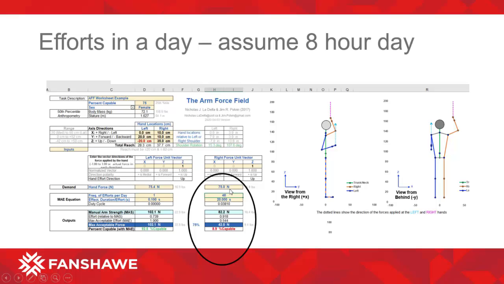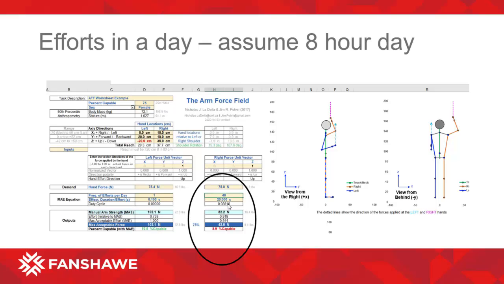Now, if I was doing this and I wanted to compare to the initial, I would use the initial force that I measured, and I would still have my frequency of probably 48, but my duration of effort would be much, much shorter, like maybe 0.2, 0.3 of a second, because I only had to push that. Yes, I had to do it 48 times, but I only had to push it to overcome that coefficient of friction. So that duration is really, really low.